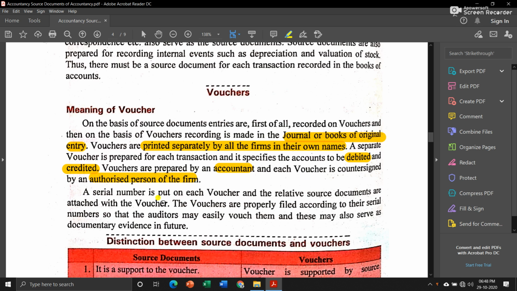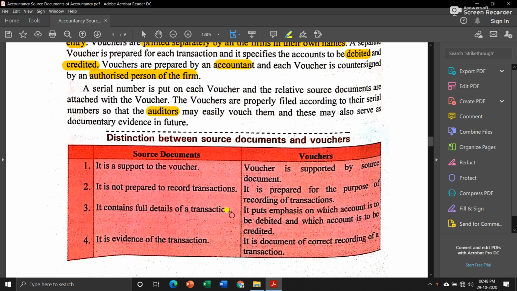Based on that cash memo, you will prepare one voucher, and after preparing the voucher, you will pin together that voucher as well as the cash memo, and keep it properly in a file with a serial number. The voucher will have a serial number, so that afterwards, while auditing, auditors will have proper documents for verifying all your accounts.